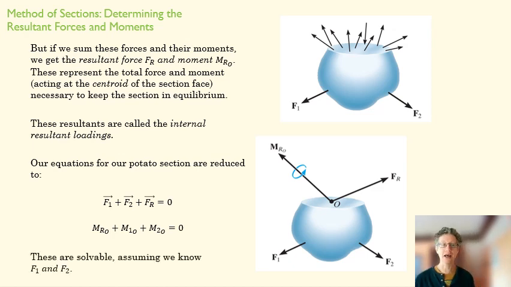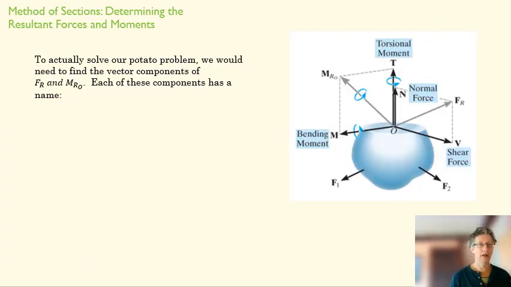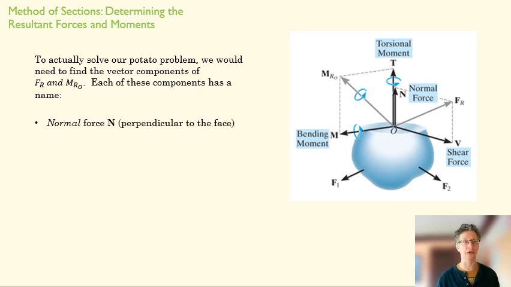Now we know these are actually solvable, okay? Because if we know F1 and F2, we can figure out what our resultant force and our resultant moment is. Now, to actually solve this problem, we need to find the vector components of those resultant force and moments. And each of those components has a name and has a particular physical meaning too.